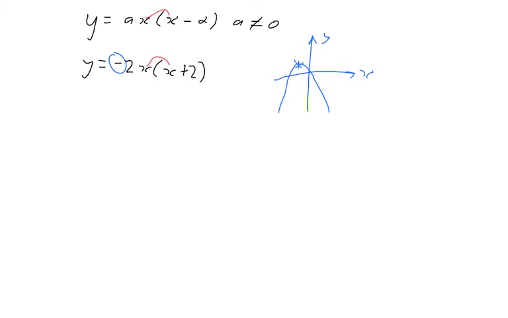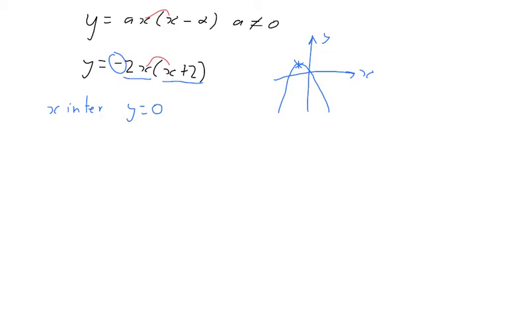You'll see where this all comes into play soon. So first things first, we want to find our x-intercepts. That is when y equals 0. So that is when this equals 0 and this equals 0.